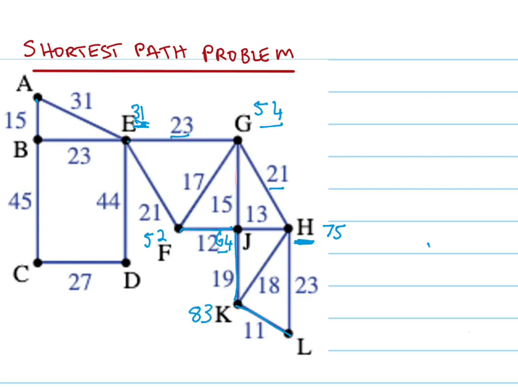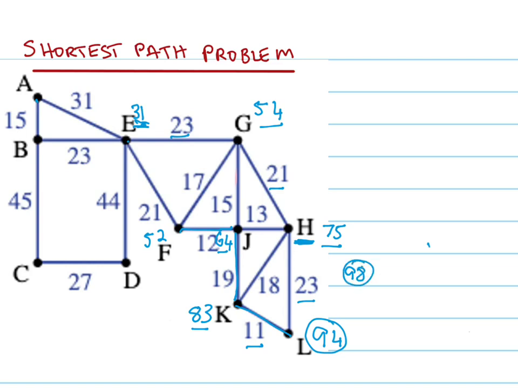Okay, and then finally I need to get to L. So that's 83 plus 11 or 75 plus 23. And 83 plus 11 is 94, which is marginally less than 75 plus 23, which is 98.